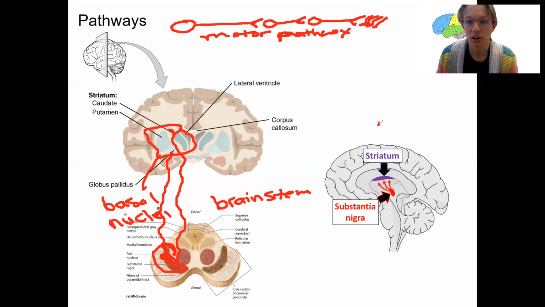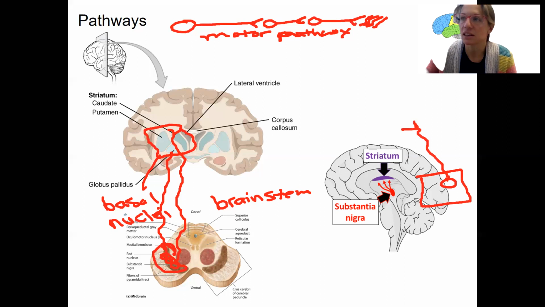So if this is the striatum down here, I'm going to redraw that. Here's our striatum. Actually, I'm sorry, I'm going to do that in purple. So the striatum is going to be purple. Substantia nigra, I'll draw first. It's going to have cell bodies full of neurotransmitter that it releases into the striatum.